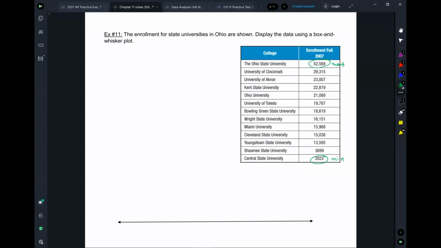How many total are there? 13 values. So the median then is which one? Right, that's Q2, or the median.